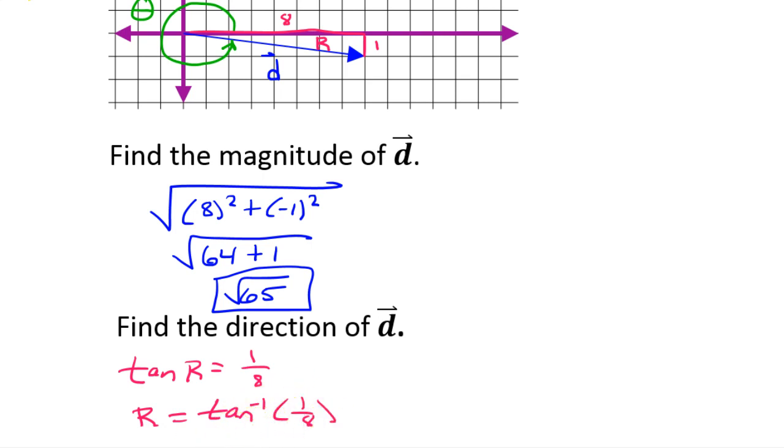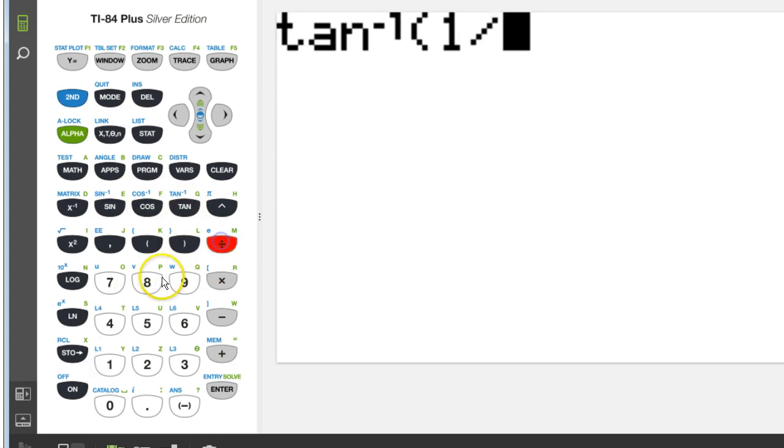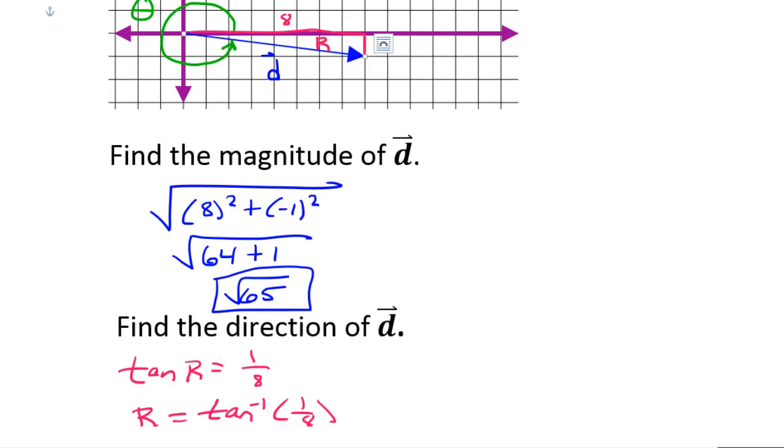I'm just going to put that in my calculator. So I need to do the inverse tangent of 1/8. 7.13 degrees. Okay, so R is equal to 7.13 degrees.